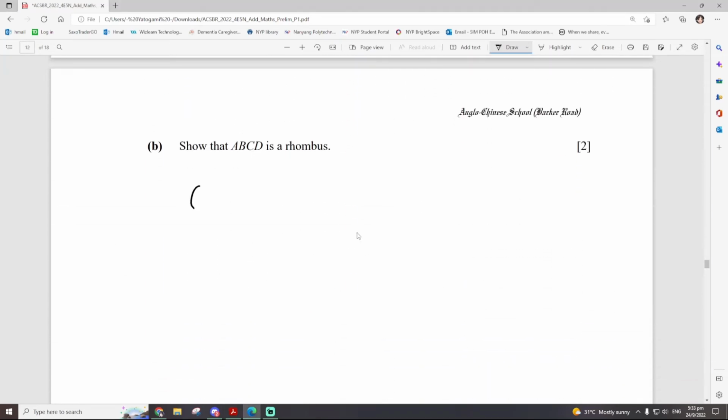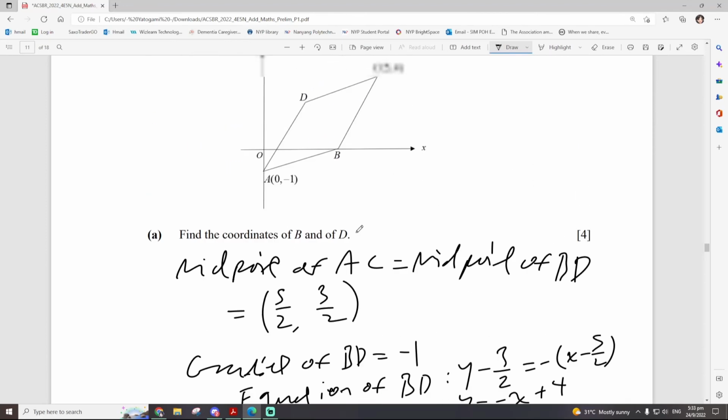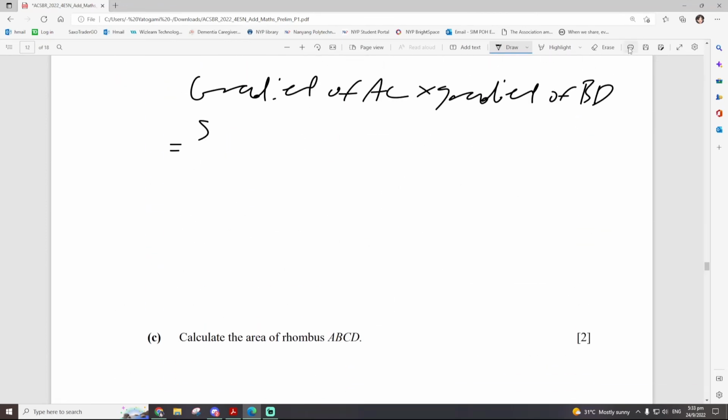Gradient of AC times gradient of BD: gradient of AC is 4 plus 1 divided by 5 minus 0. Gradient of BD is -1. So this is +1 times -1, which is -1. So AC is perpendicular to BD.